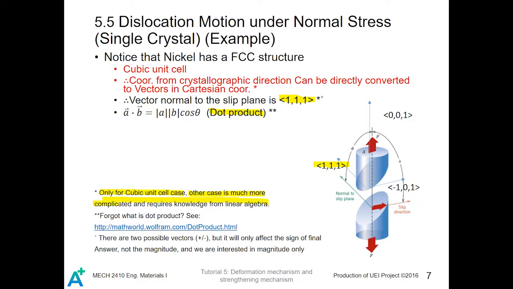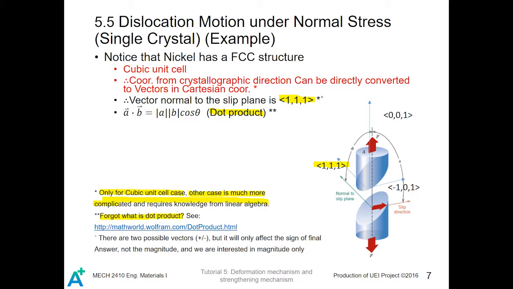If you forgot what the dot product is, you can have a revision here, which is from the Wolfram wiki. And you may ask, why don't we consider the negative vector? As I just mentioned, it will only affect the sign of the final answer, but not the magnitude.